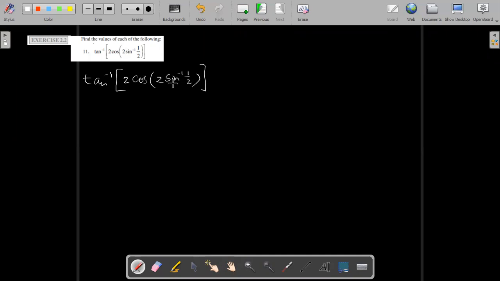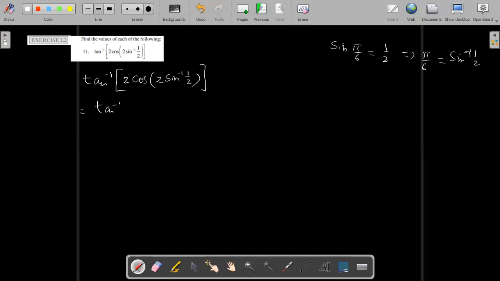Sine inverse 1 by 2, we know that sine 30 degree, that is pi by 6, is 1 by 2. So sine inverse 1 by 2 can be written as pi by 6 directly.